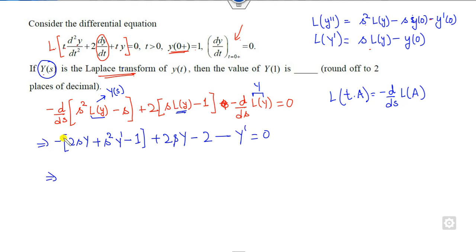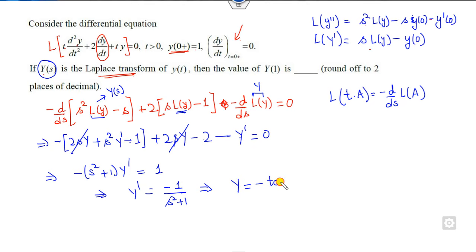Now I can take the pair: minus s square minus, it's a plus 1 times y dash; minus 2sy plus 2sy cancel; it's plus 1 and minus 2. So y dash is minus 1 over s square plus 1. So what is y? You can integrate it. This is minus tan inverse s. So y is nothing but y of s.